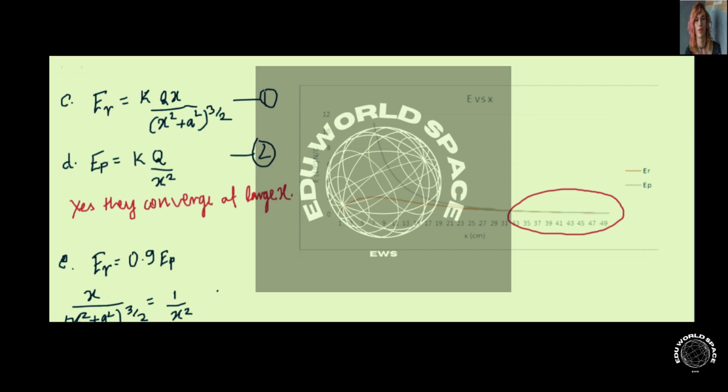Now with a equal to 0.1, you can easily solve this and get that x is equal to 37.07 centimeters. All right, so at this point the electric field will differ by 10%.